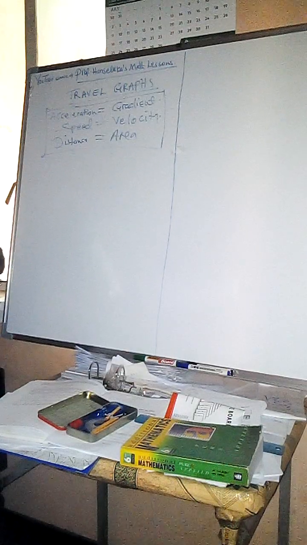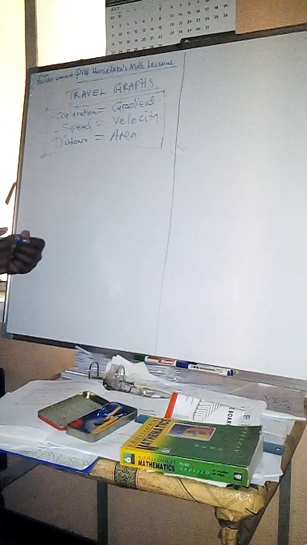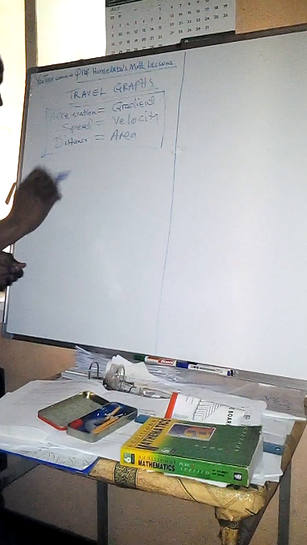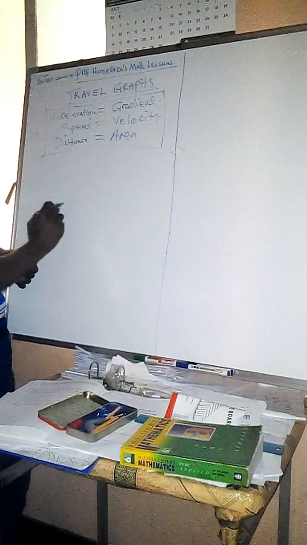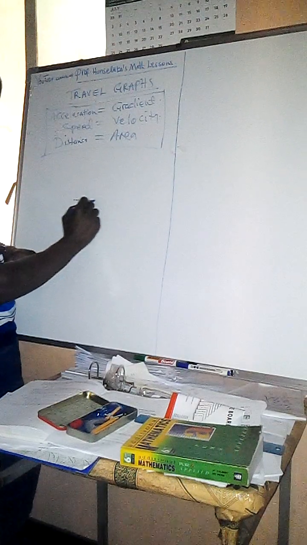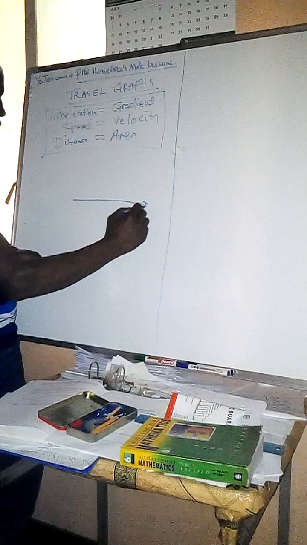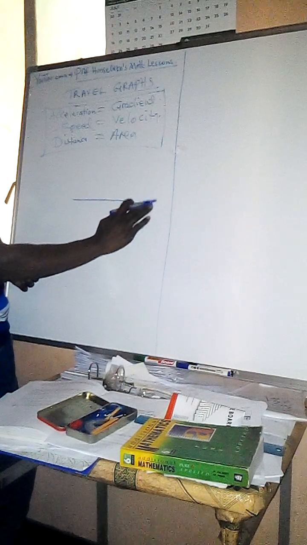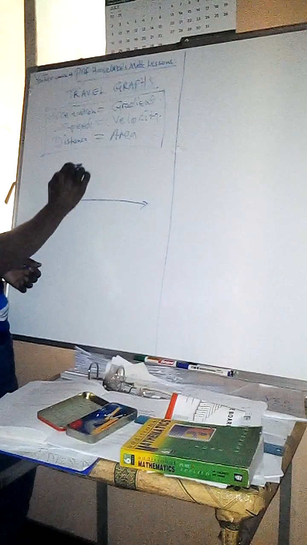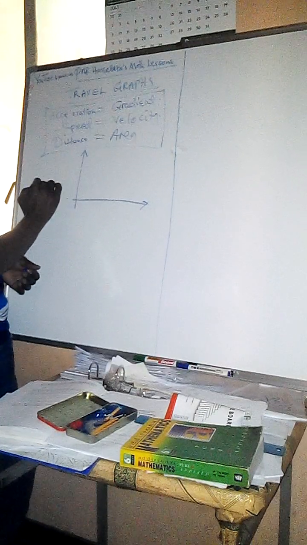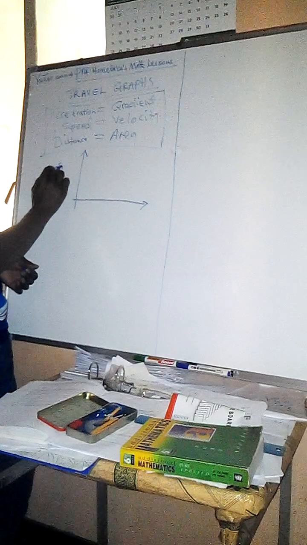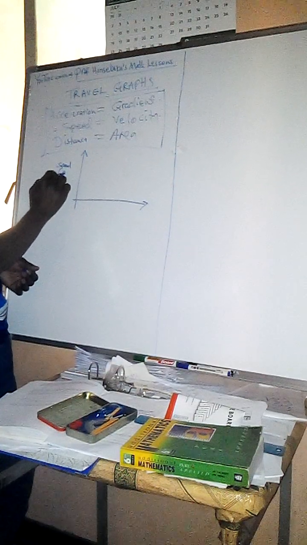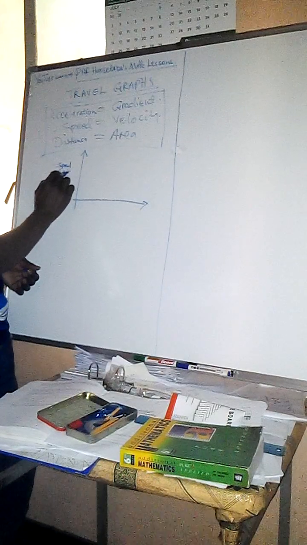Now, we have quite a number of graphs, like I earlier said. For example, you'll be able to have this type of a graph. This can be speed measured in meters per second.